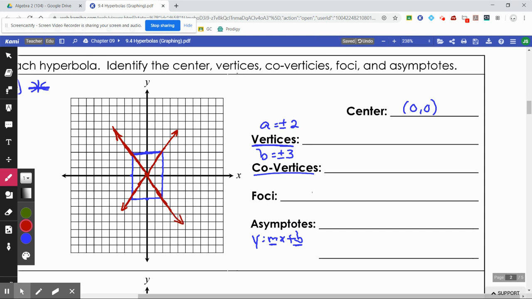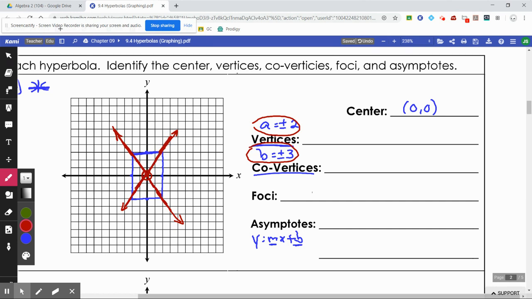And if you don't remember how to find the equation of the line, you need two things: a slope and a y-intercept. You can use another point on the line to find the y-intercept, but this one's going to be pretty easy because we can see the y-intercept. The y-intercept for both lines is actually the center right there. So really all we need here is the slope. We'll do this line first.